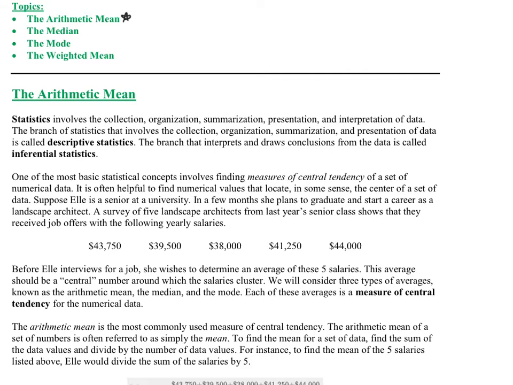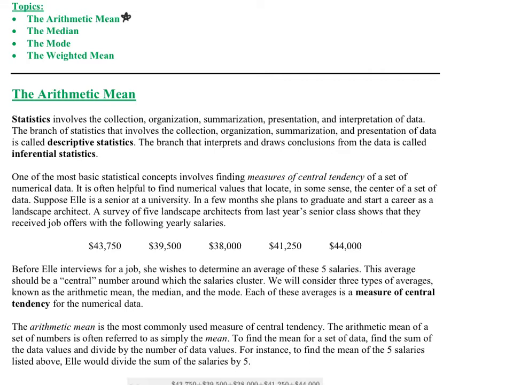A survey of 5 landscape architects from last year's senior class shows they received job offers with the following yearly salaries: $43,750, $39,500, $38,000, $41,250, and $44,000.